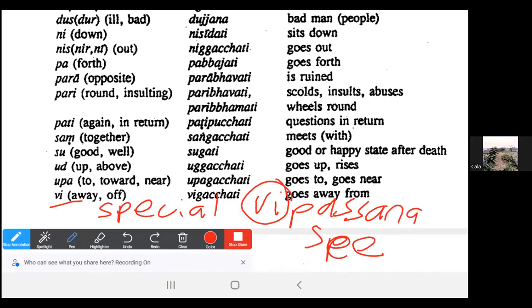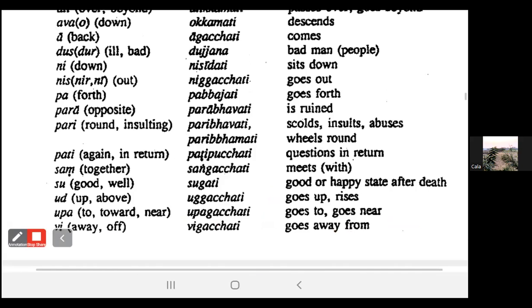Okay. So any more? How many prefixes can you count? How many here? Prefixes? 20. 20. All right. Can you remember? Actually, in Myanmar and Thailand, those young novices, when they take the exam, this is all compulsory. They really memorize by heart. You know, sometimes I really feel amazed.